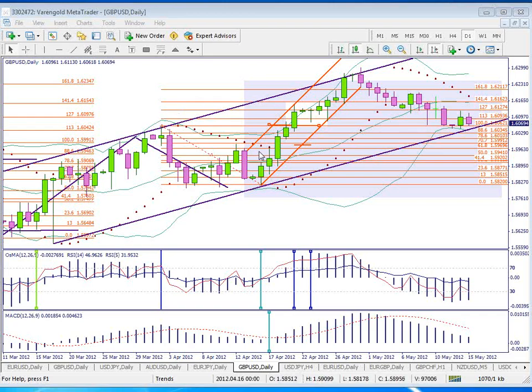Actually, jumping from one time frame to another is helping me to consider or not a trade.